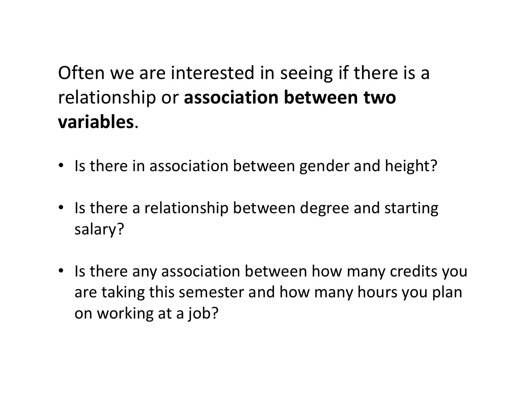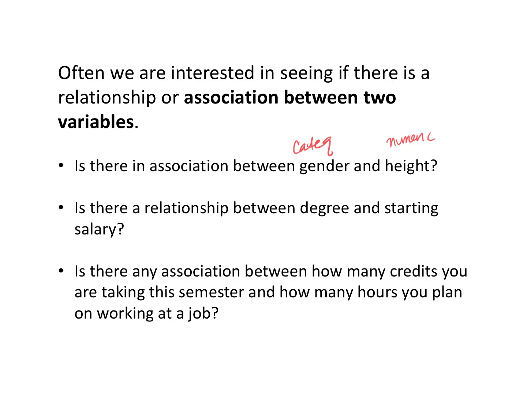Okay, so some examples we might ask: is there an association between a person's gender and their height? Two separate variables, we want to see if they're related. Notice that gender is a categorical variable and height is numeric or quantitative. We might want to know if there's a relationship between a college degree a person receives and their starting salary.